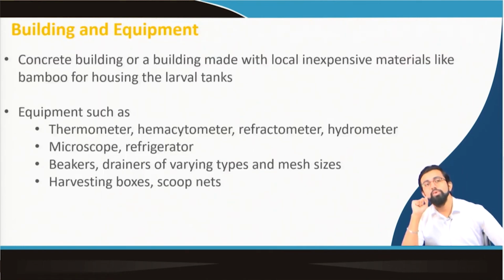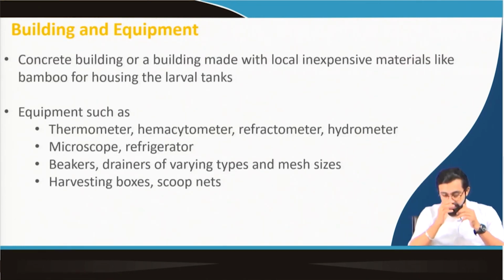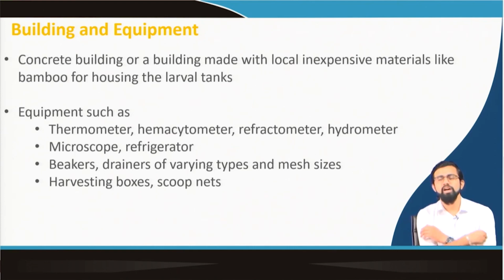Okay. So when we design these hatcheries, the prawn hatcheries, the building and equipment is very important, right? We normally go ahead with a concrete building or a building with local inexpensive materials like bamboo for housing of the larval tanks and so on. Nowadays we sometimes do poly housing also, which helps in the temperate region, because the temperature inside the poly house and the temperature outside really vary.